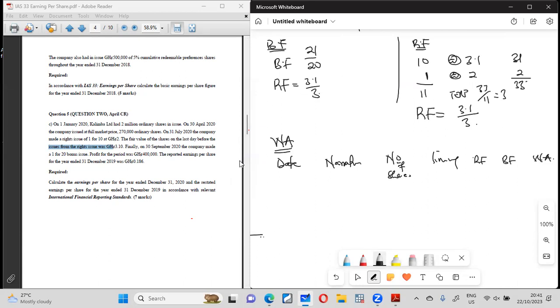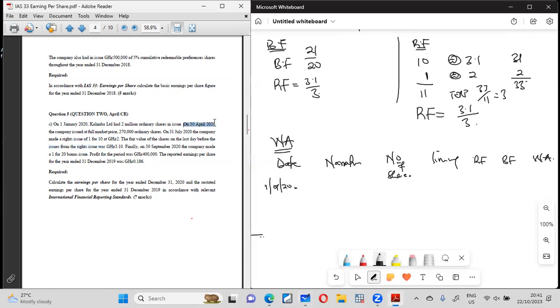Okay, then now let's start. Balance brought forward. How many shares existed on January? So on January 01, 2020, these were the number of shares up to the time there was an issue. So you bring your balance brought forward down. The balance brought forward will last up to the time there is an issue.